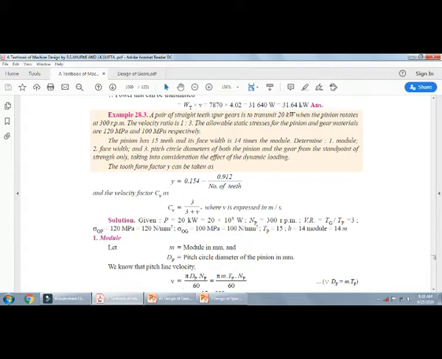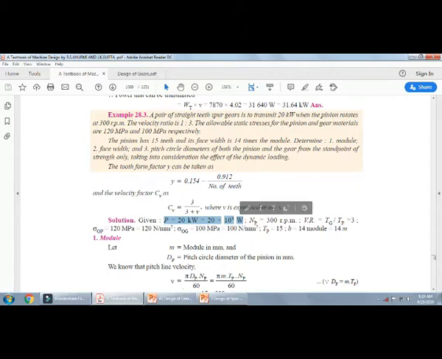So, here it is saying a pair of straight tooth spur gears is to transmit 20 kilowatt when the pinion rotates at 300 rpm. Here the power to be transmitted is 20 kilowatt, which is equal to 20 into 10 raised to 3 watt.